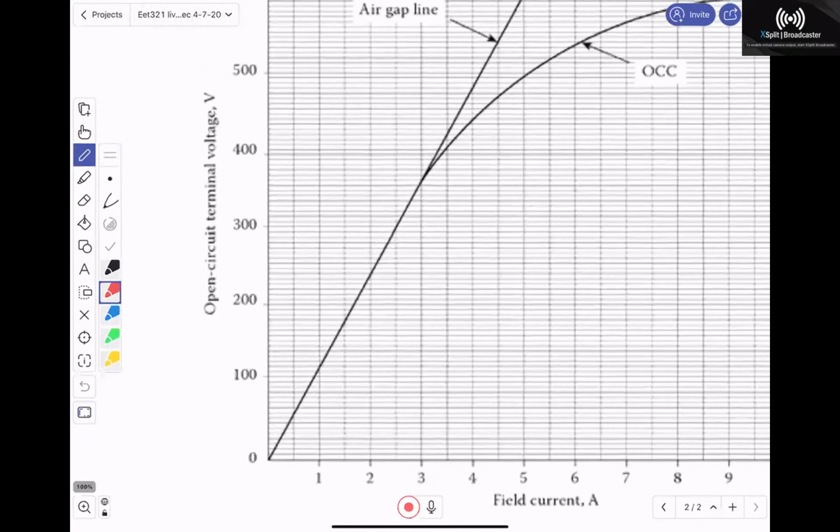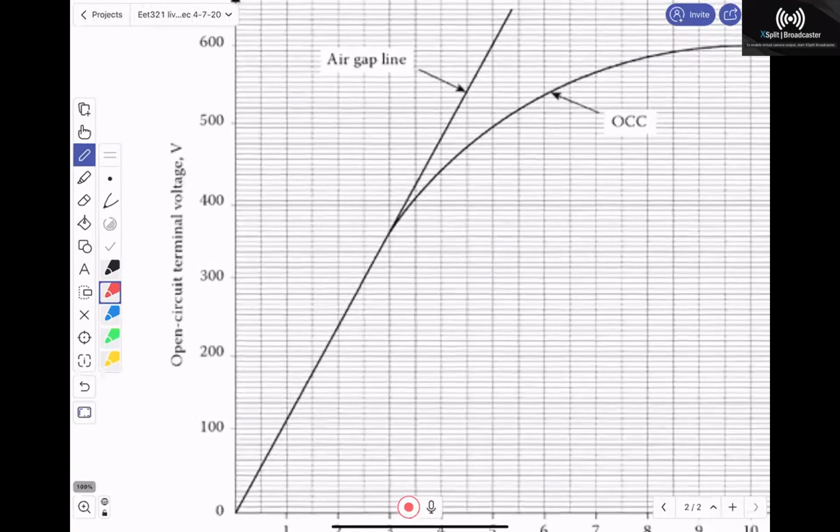So let's zoom in just a little bit more. Again, I apologize, the quality of this is not great, but let's say it's about here. So this is my 480 volt point. I run across that line, and I don't stop at the air gap line. I go all the way to my open circuit characteristic, which is what the actual voltage is going to be under these open circuit conditions.